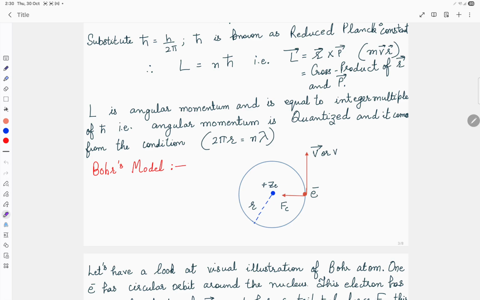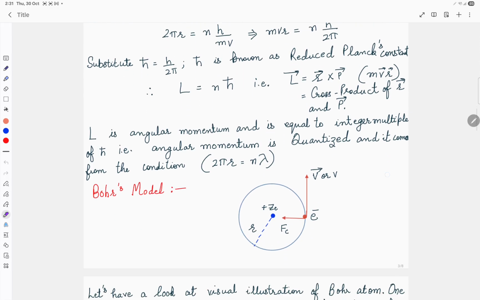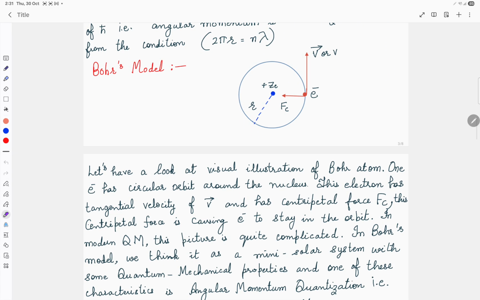So if it is making waves also, the number of waves it will make around the circle, covering one circumference, will be equal to n into lambda. So these two quantities have to be equal, 2 pi r equal to n lambda. Now this is the basic condition that leads to angular momentum being discretized or quantized.